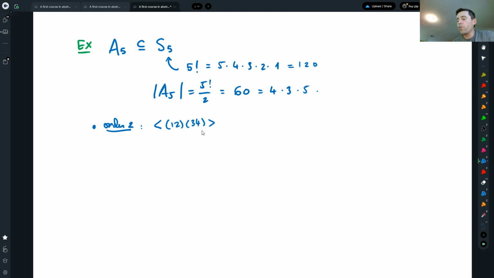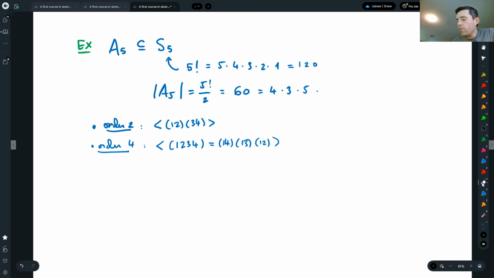That is an element of order 2, and therefore this subgroup has order 2. How about order 4? Similarly, I have to be careful. I can't take (1 2 3 4) because that is (1 4)(1 3)(1 2), which is not in A5. So I shouldn't do that.